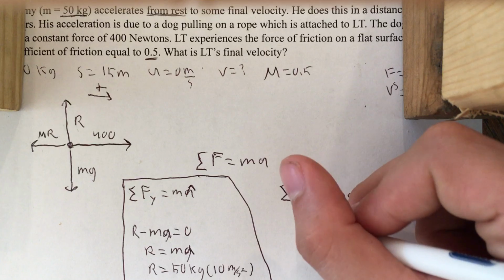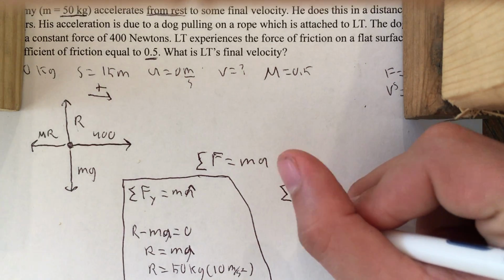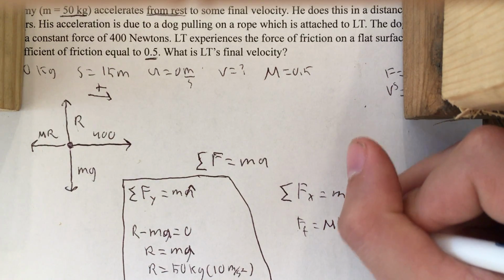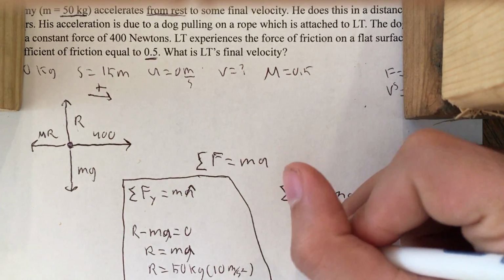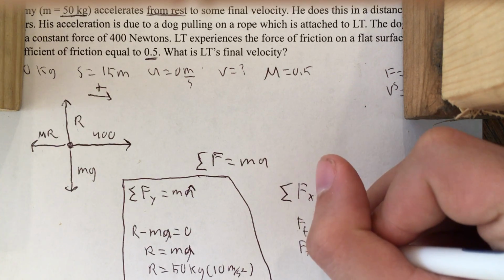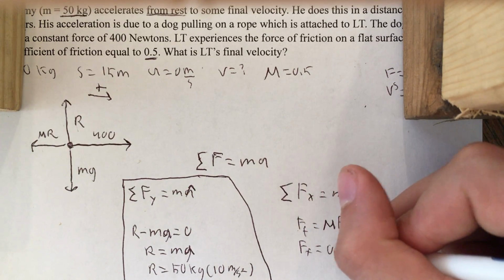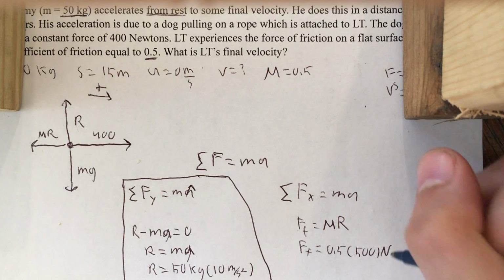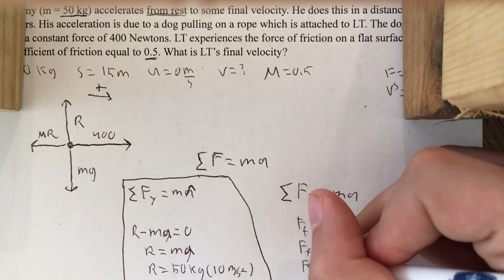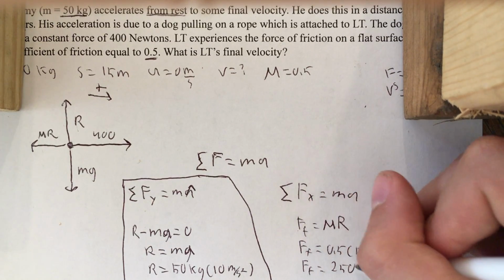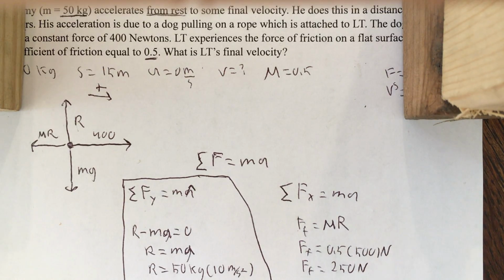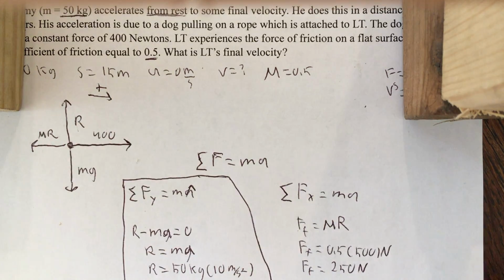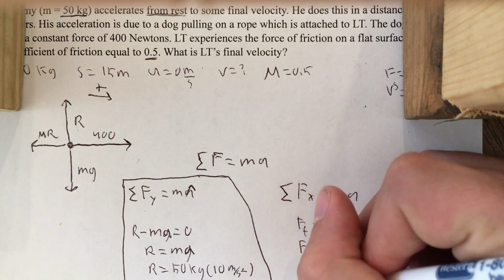So the force of friction equals mu times R. So the force of friction equals 0.5 times 500 N, which comes out to be 250 newtons.